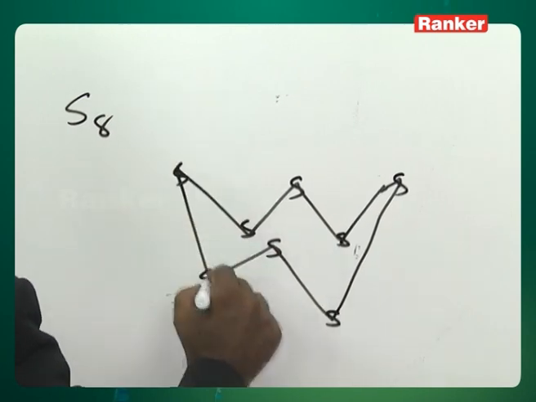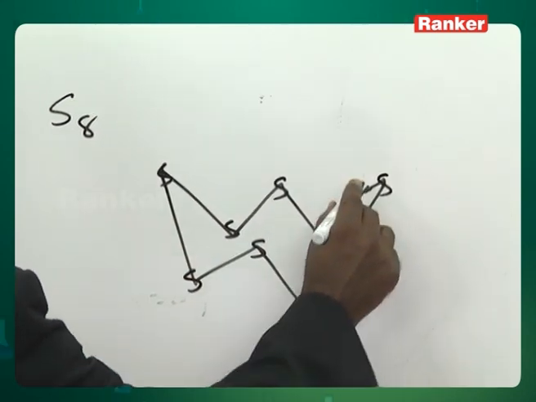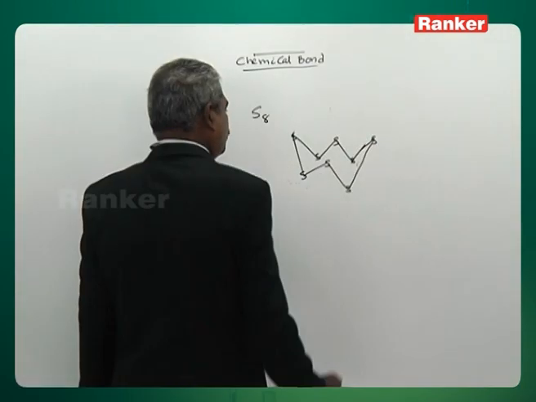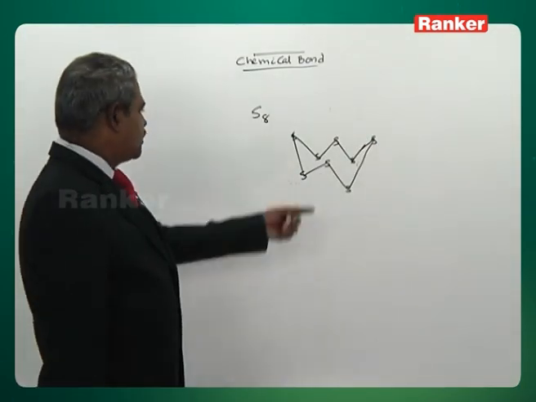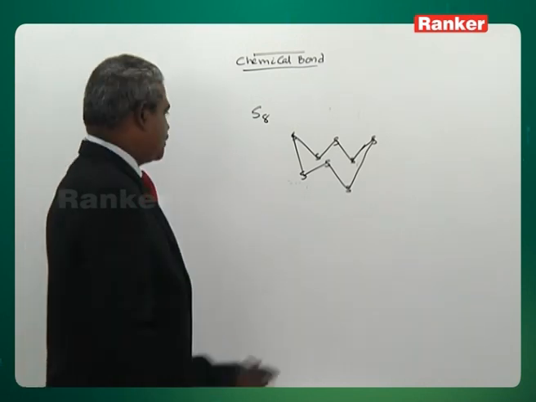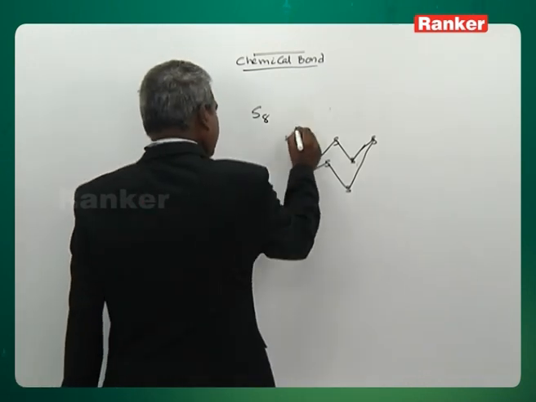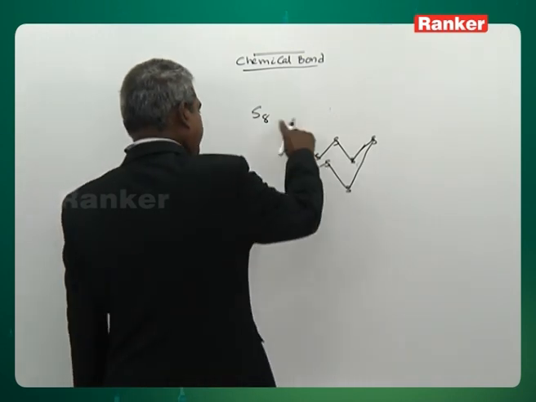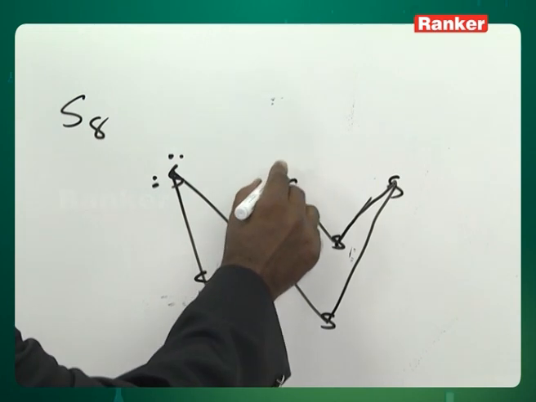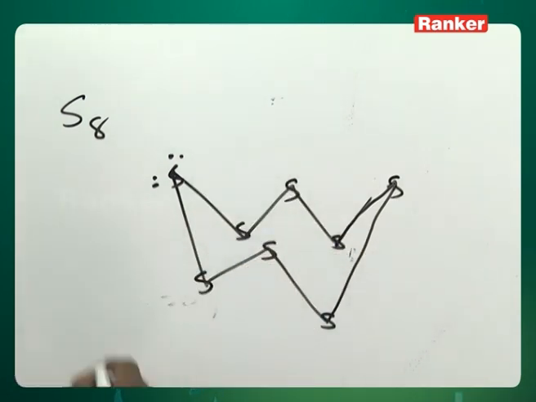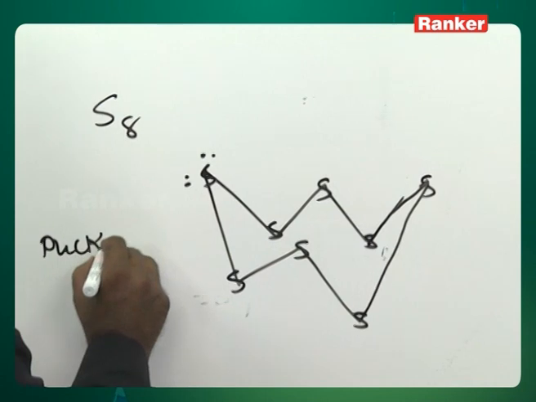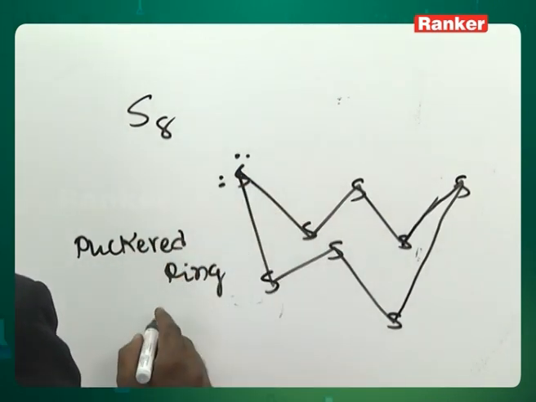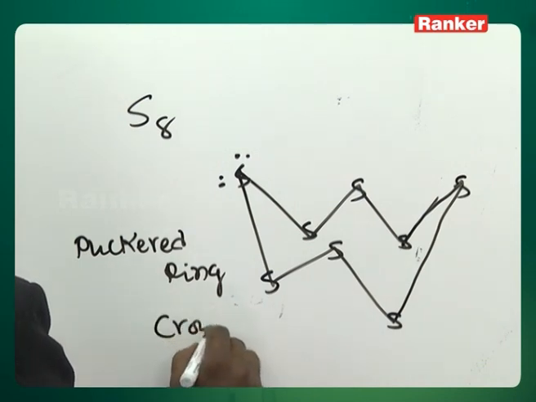Around each sulfur there must be a V shape because of two bond pairs, two lone pairs. You get a crown-like structure or a puckered ring structure, because each sulfur is forming two bonds and two lone pairs. Here also V. Around each sulfur the configuration is V. This is called a puckered ring structure, or a crown structure.